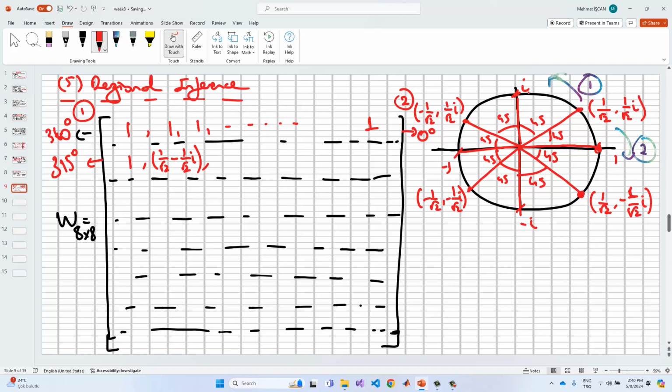Okay? Just see that this is the i, right? But the absolute value is equal to 1. Okay? And so, in the second place, what is the third term of these matrices?